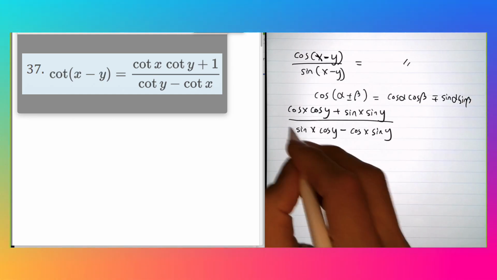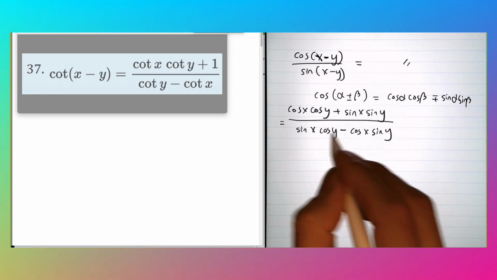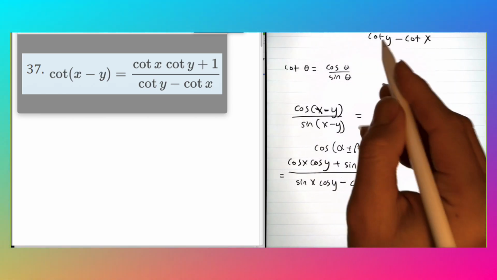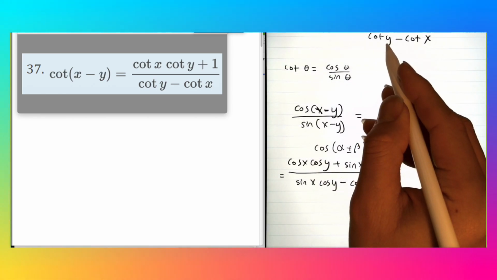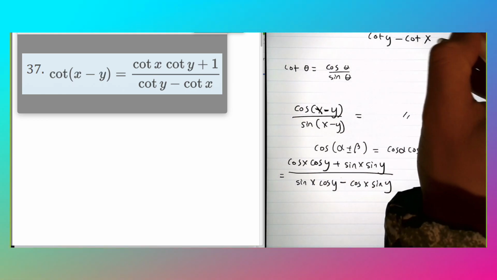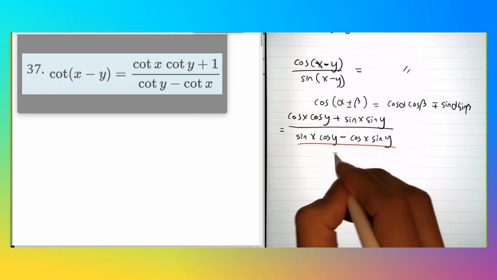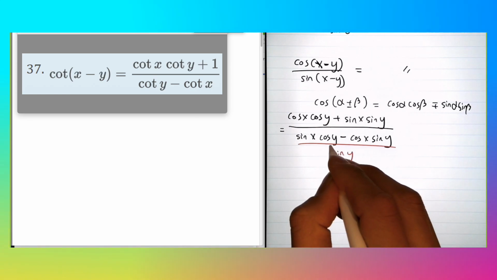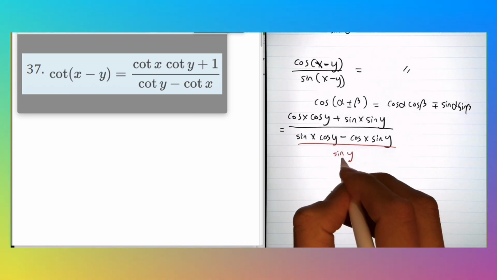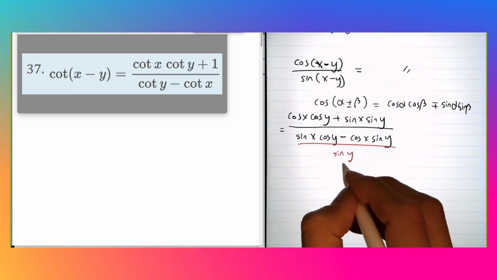Now once you have this, you notice that we want to get cotangent of y, which means if I divide the bottom expression by sine of y, I'll get the cotangent y, and the sine y will go away.